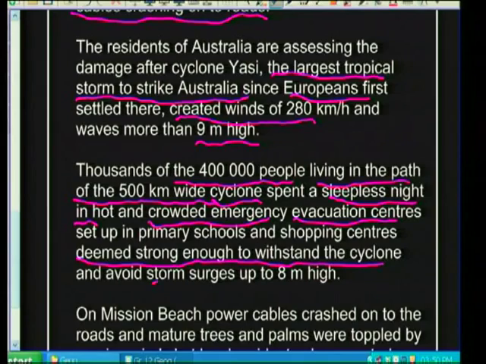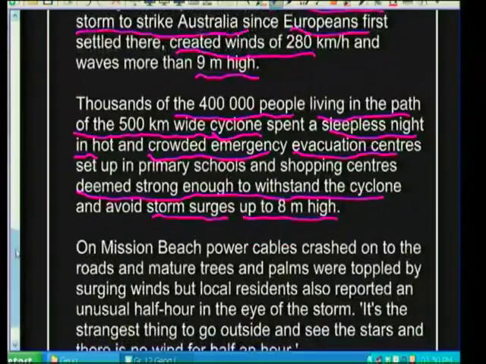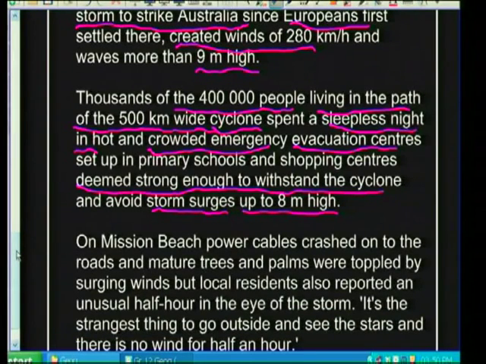The storm surge, there's another concept here, all right, which means the piling up of water along the coastal regions. Up to 8 meters high was experienced. On Mission Beach, power cables crashed onto the roads, and mature trees, palms, were toppled by surging winds. But local residents also reported an unusual half an hour in the eye of the storm.